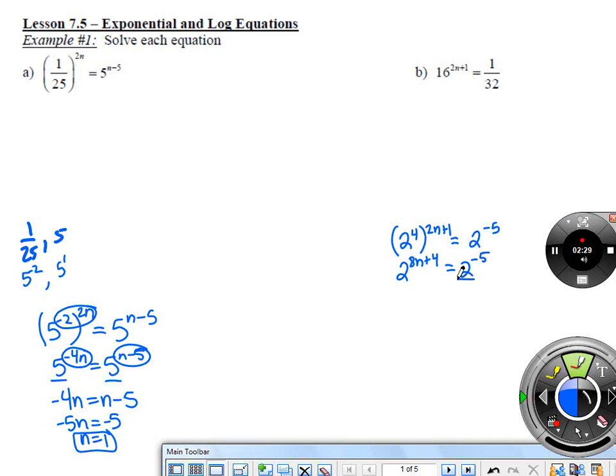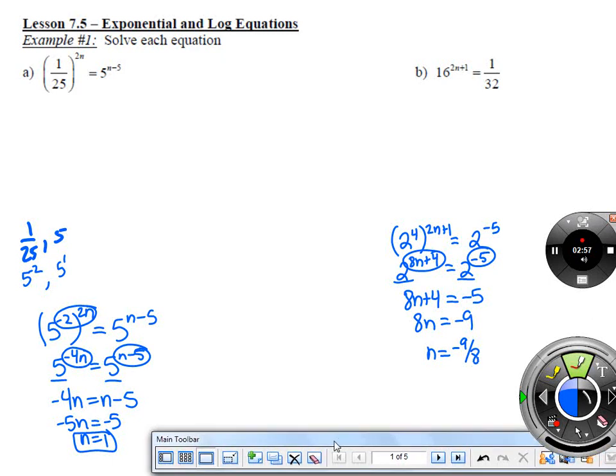And again, these powers with the same base are not going to be equal unless the exponents on those powers are equal, which means 8n plus 4 must equal negative 5. So I would get that n is equal to negative 9 over 8. So in these cases, we kind of use the strategy of rewriting the problem so that both sides were written with an exponential expression with the same base.